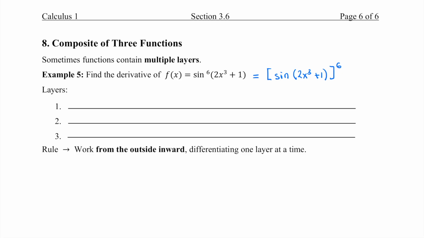Now we can see that this function has three layers. The outer layer is the power of 6. The second layer is the sine function. And the third layer, which is the inner layer, is 2x to the third plus 1.